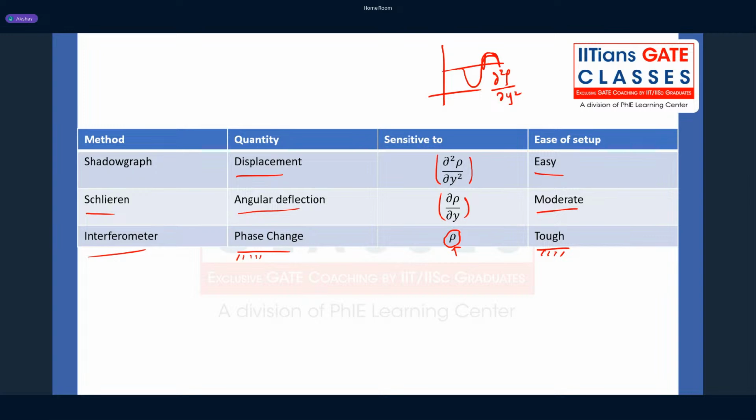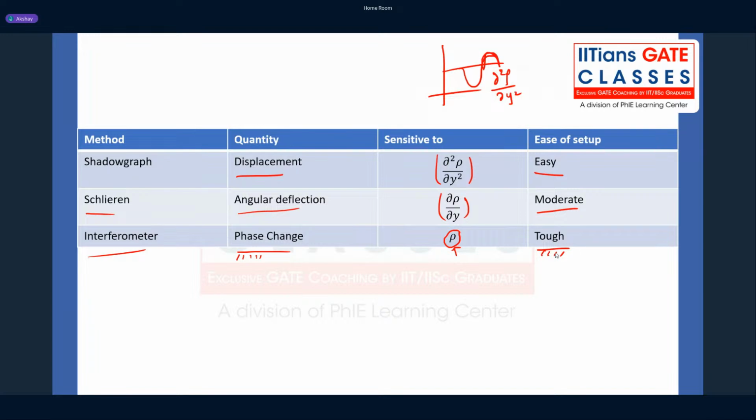You have to precisely put the lenses and mirrors, which change the light direction, very precisely. Because of this, these techniques become difficult to set up, but it's worth spending time to set them up because they give much more information about the flow field.